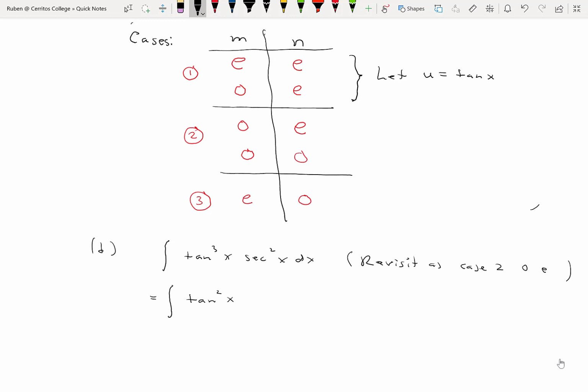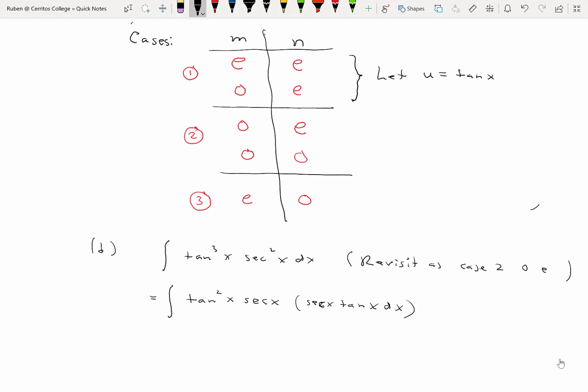Borrow 1 also from the secant to the first, and put those borrowed powers, secant x, tangent x, next to the dx. Lump them together with parentheses.